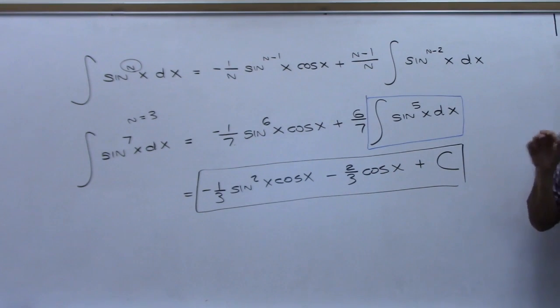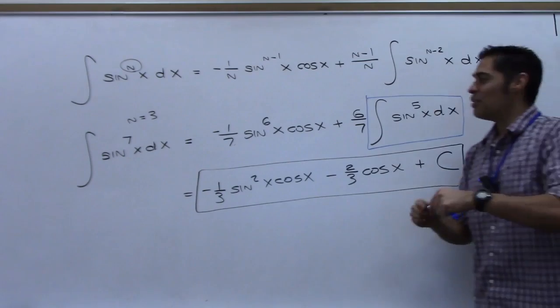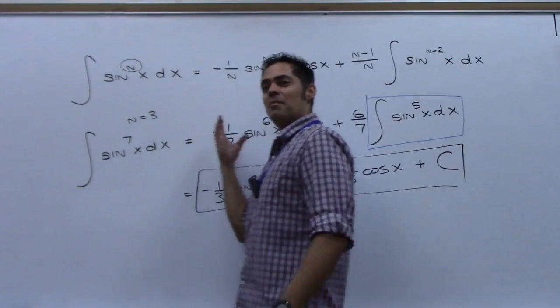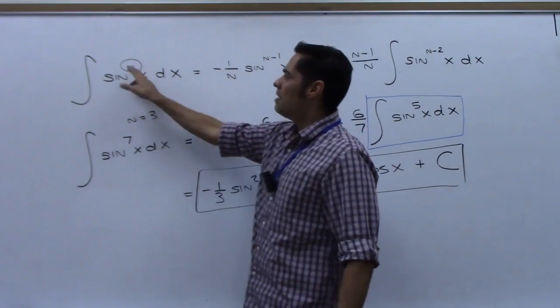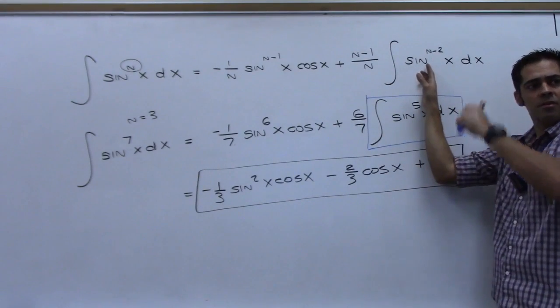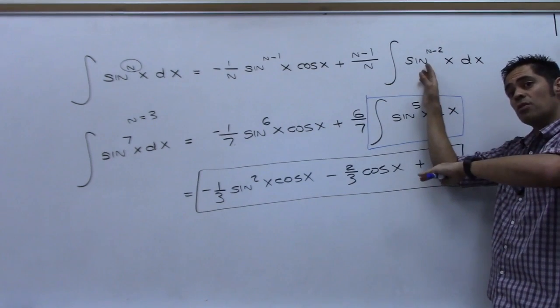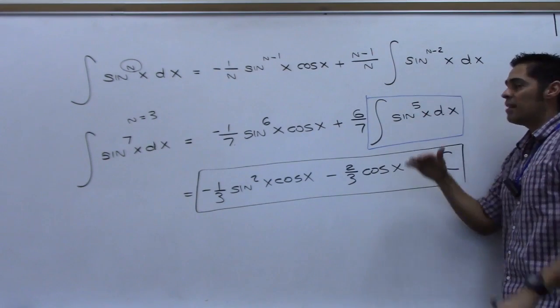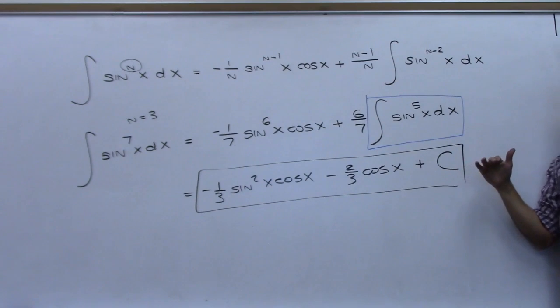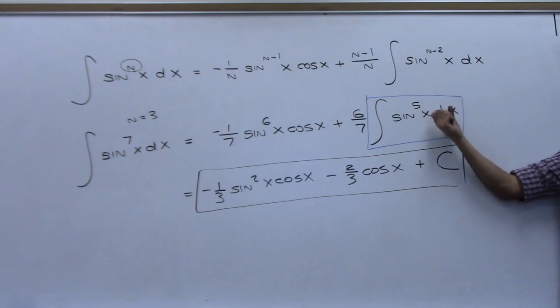Like you're never actually integrating anything. Look, it's reducing the power every time, isn't it? It's going from sine to the n down to the n minus 2. So if you do it one time, it's going to reduce the power by 2. If you do it a second time, it'll reduce the original one by 4 total. And you can take it all the way down to either sine to the first power or sine squared.